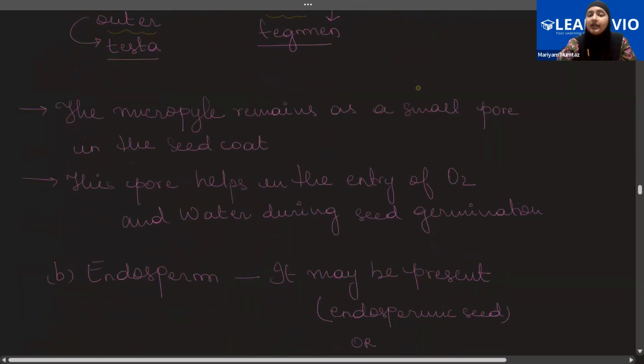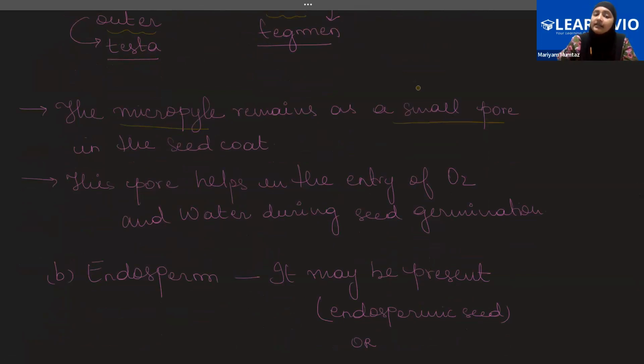Now the micropyle, which is there in the ovule or the embryo sac, remains as a small pore in the seed coat. You might have noticed if you have seen the seed of chana, the gram.